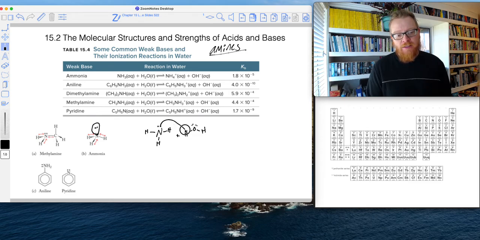So the electrons are really what grab the protons, right? And now the electrons in this bond get pushed over to the oxygen. And so now what we have left, we've created now a new hydrogen to nitrogen bond.